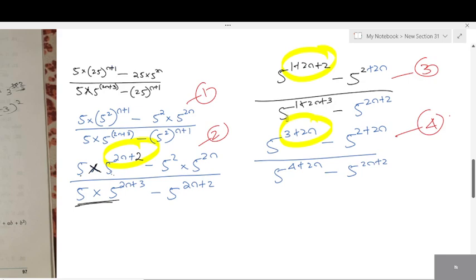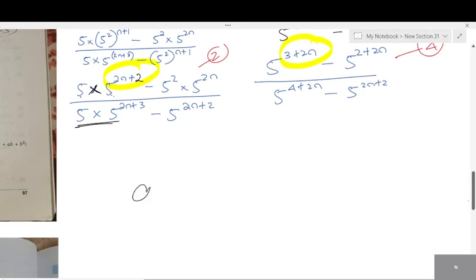Change them. Yes, students, respond. Done.